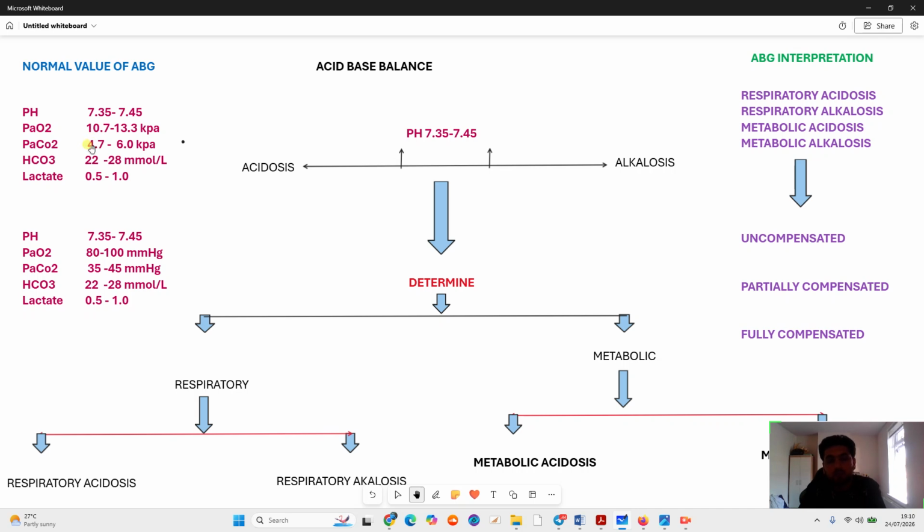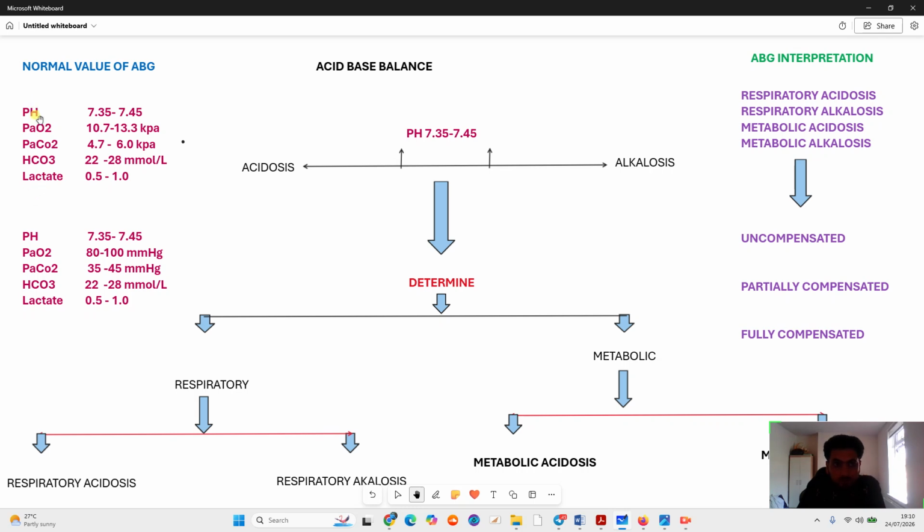If they don't, when we practice the cases at the end, you will face a challenge and you will not be able to find out the condition. In most cases in PLAB, they will not give you the normal values. When they don't give the normal values, it will be a difficult situation for you to find out which value is normal and which value is abnormal. So due to that, you have to memorize this.